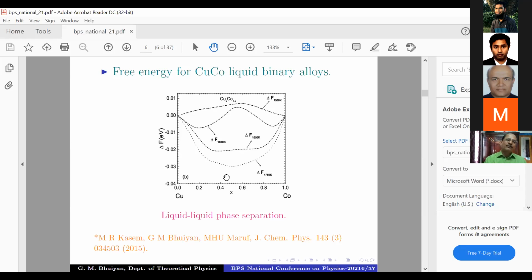So from the point of free energy, or from the point of thermodynamics, we can see the different physical phenomena: liquid-gas phase transition, ferro-para phase transition, liquid-liquid phase separation, all behave in a similar way when we look from the aspect of the free energy of the system.